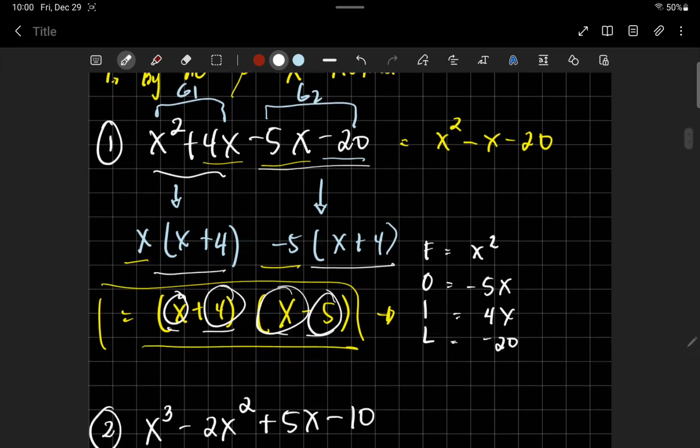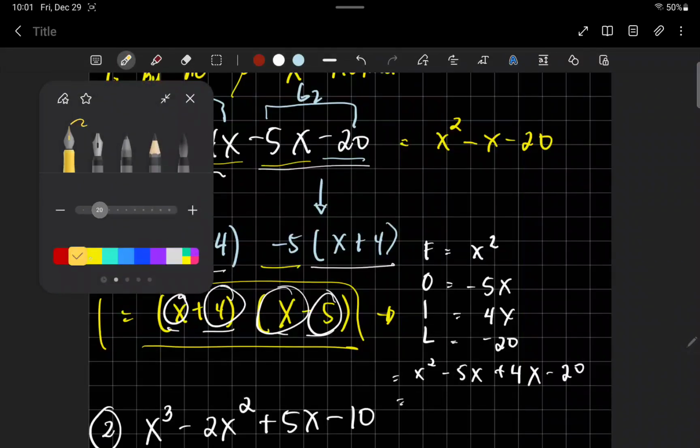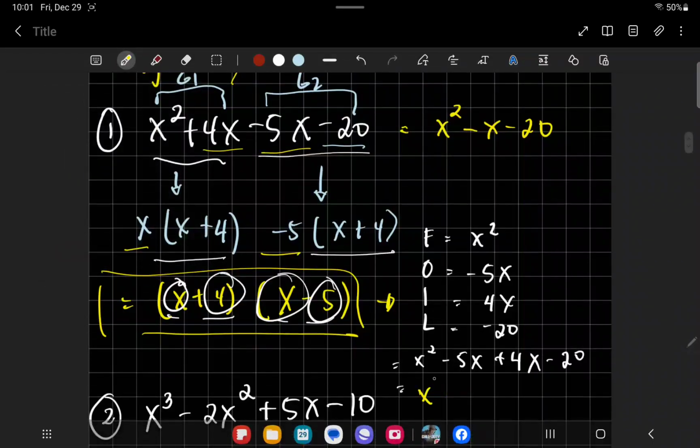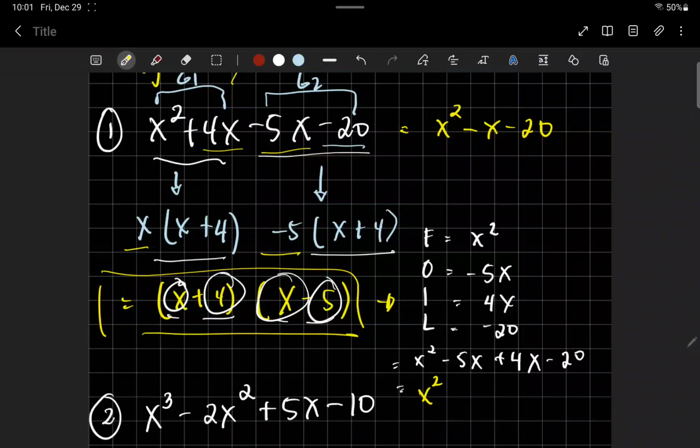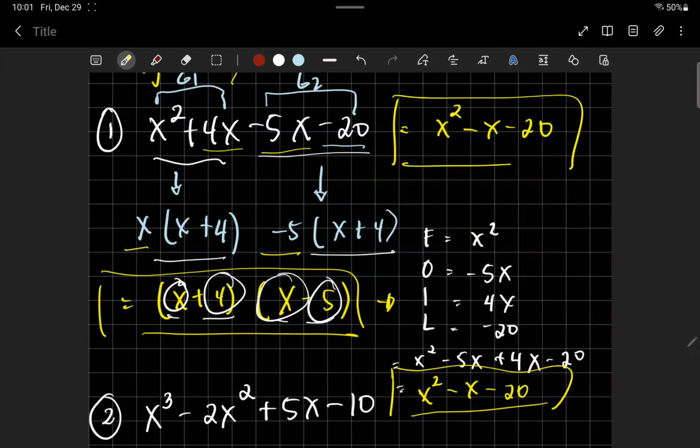And rewrite lang natin yung FOIL method natin. So that is x squared minus 5x plus 4x minus 20. And to simplify, our answer is x squared, negative 5x plus 4x, that is negative x, minus 20. So, babalik tayo sa ating original na polynomials.